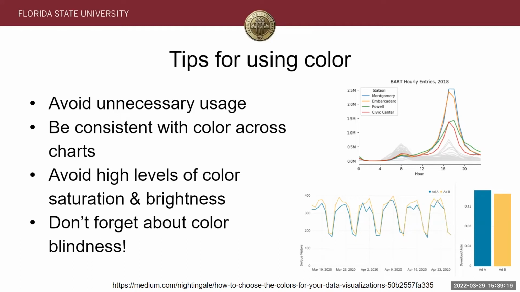Avoid high levels of color saturation and brightness. This helps to reduce eye strain and allows room for highlighting elements that are important by giving them a bolder look compared to other elements. So you see this chart up here at the right. This is BART hourly entries for 2018, and you'll see some of this data is grayed out.